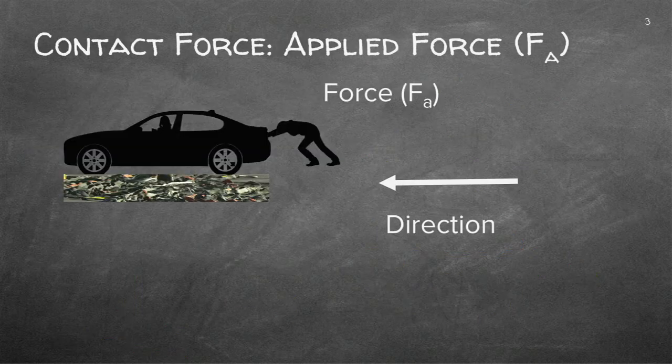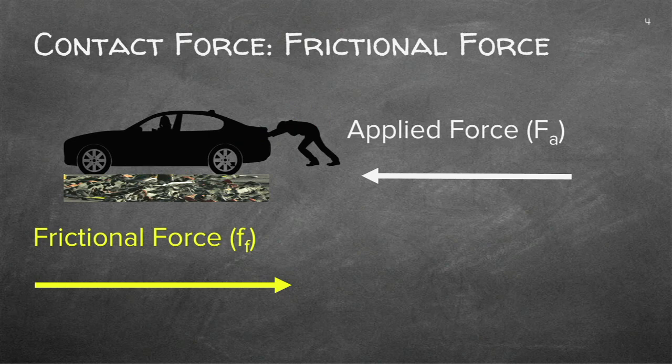Right, let's carry on. If I've got an applied force pushing this car, the direction of movement will be to my left. Let's say that's in the positive direction. Can you think what the friction's direction will be? The frictional force of the surface will be in that direction.